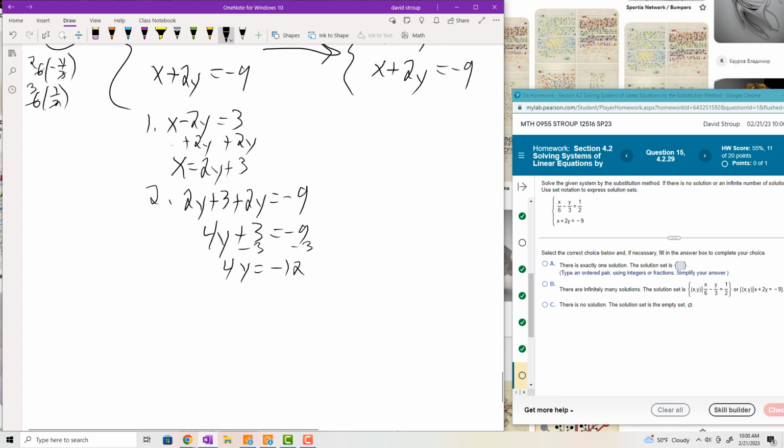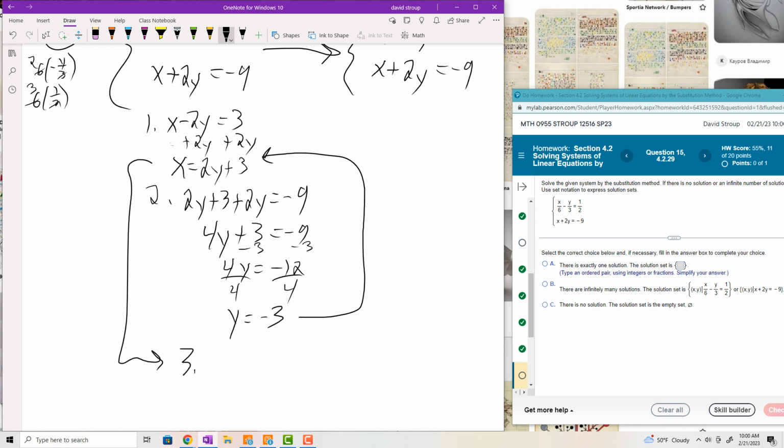And then finally solve for y. Back sub into the first equation, and you're done. So it looks like -3, -3.